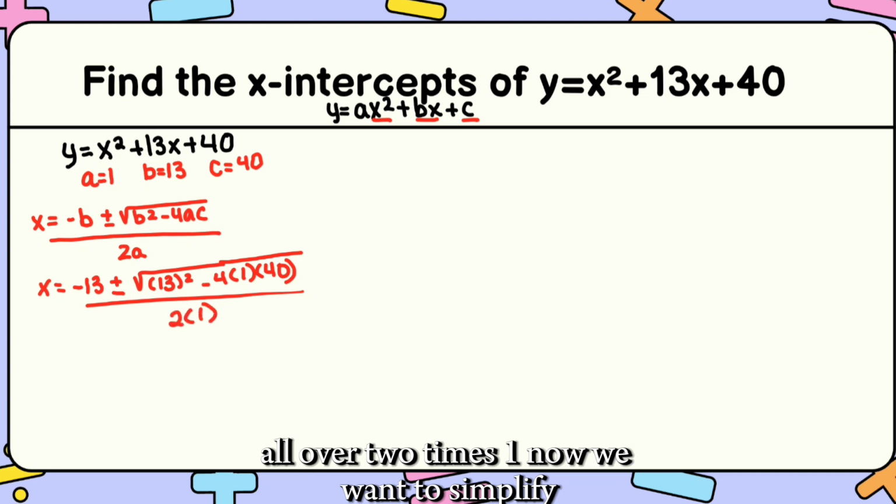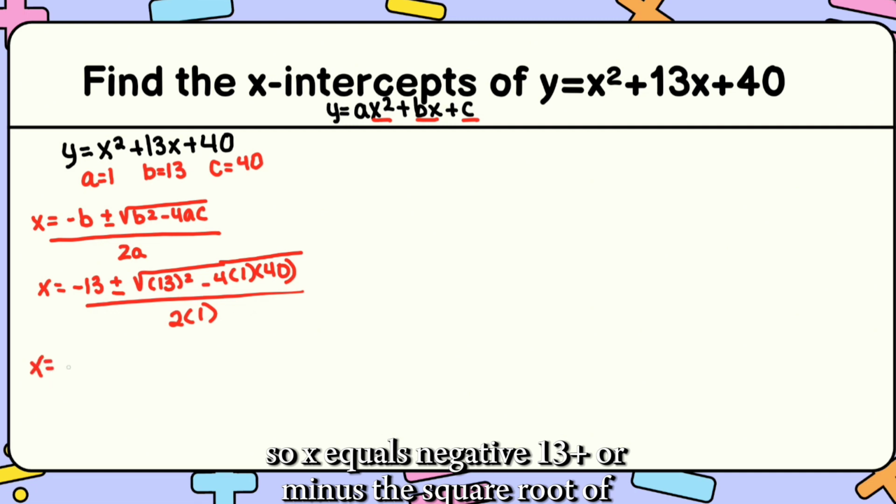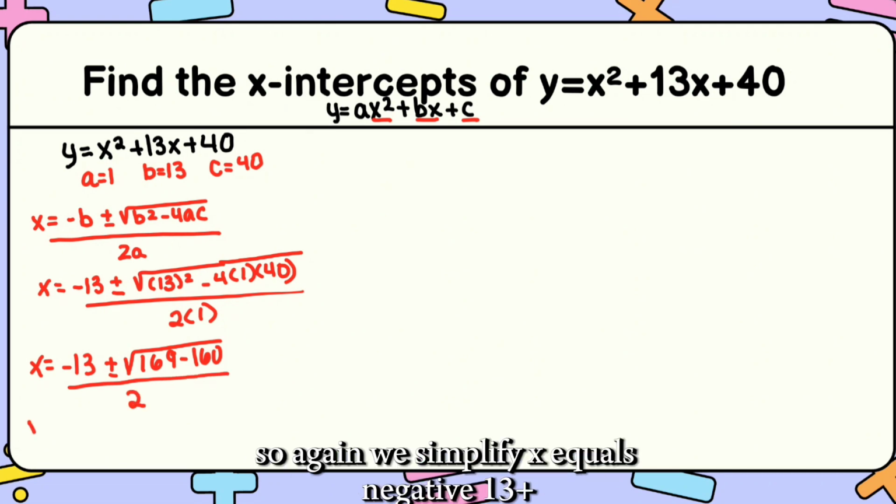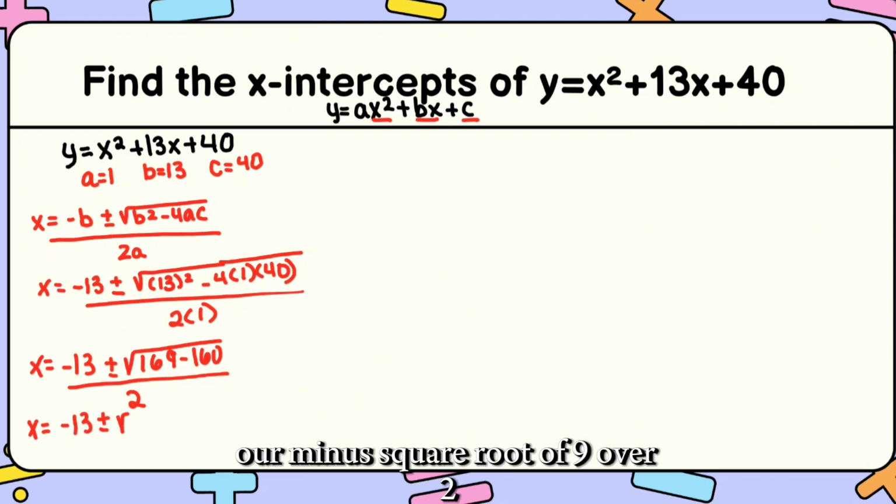Now we want to simplify. So x equals negative 13 plus or minus the square root of 169 minus 160, all over 2. Simplifying again, x equals negative 13 plus or minus the square root of 9, over 2.